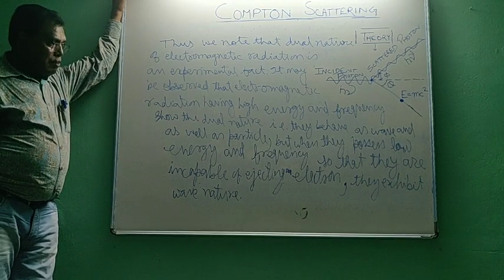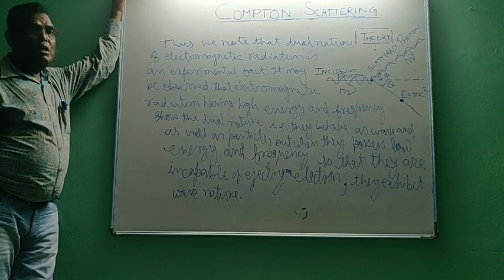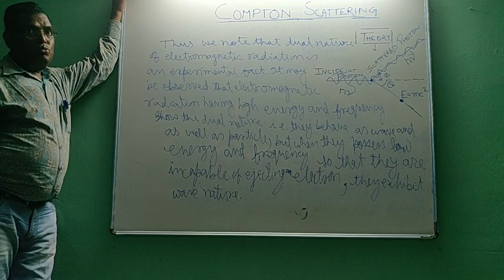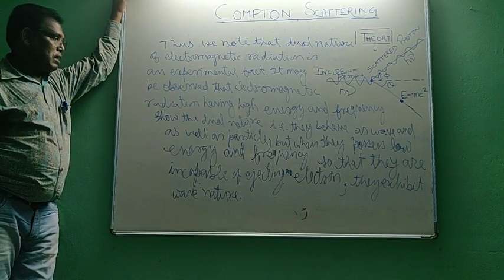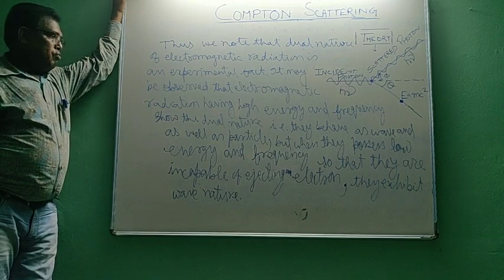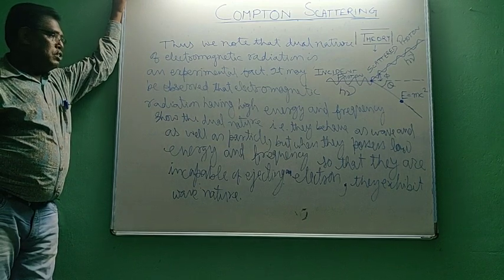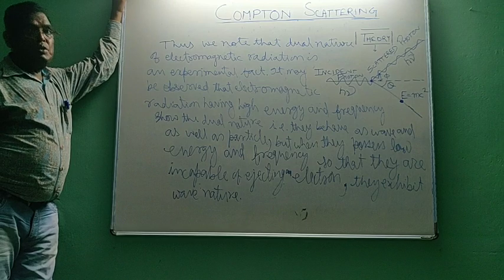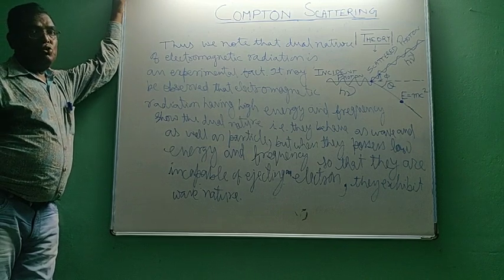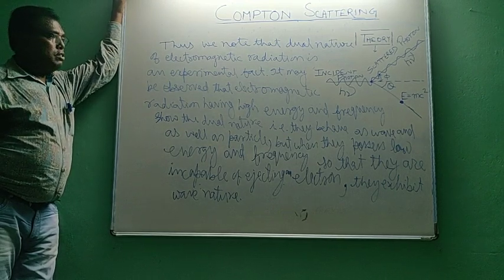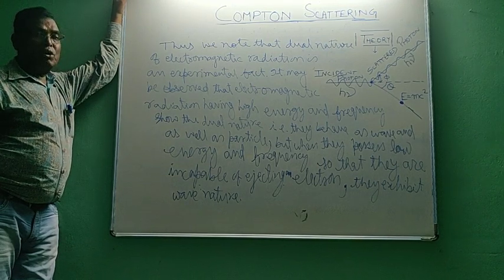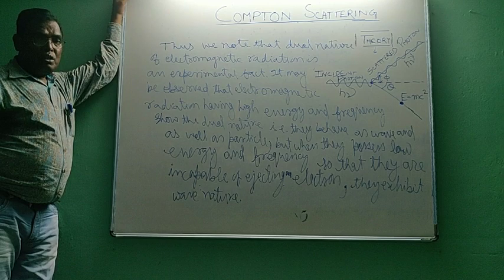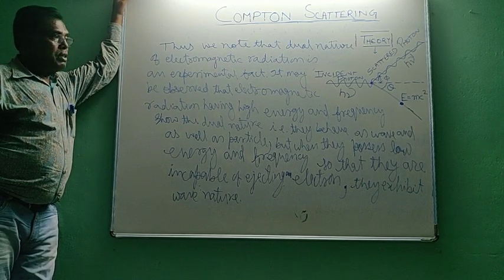At that time they exhibit only wave nature. So for proving the dual nature of radiation, the frequency and energy of the incident photon must be high, so that its frequency must be greater than the threshold frequency for ejecting an electron from the scatterer.